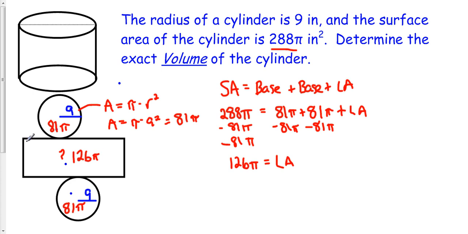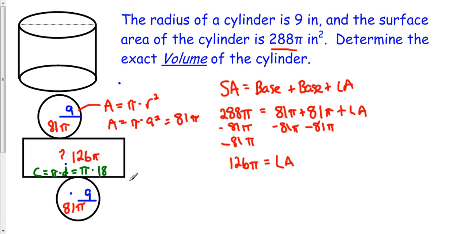Okay, but the problem is we don't know the width or the height of this rectangle, but we can figure it out. So let's do that. We know that this length on this rectangle is the circumference. This wraps around the circle. So if we know the circumference is pi times diameter, then that's pi times 18, which is 18 pi.